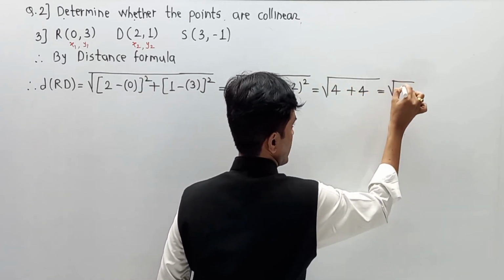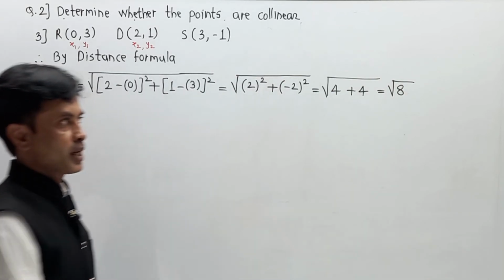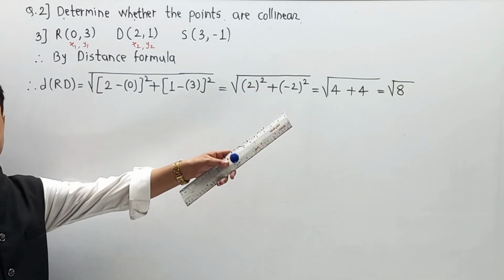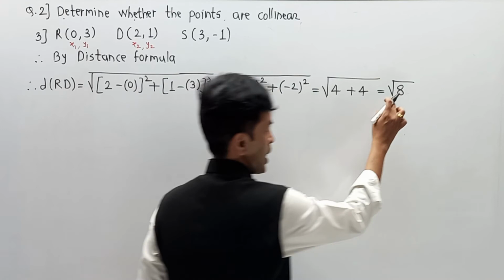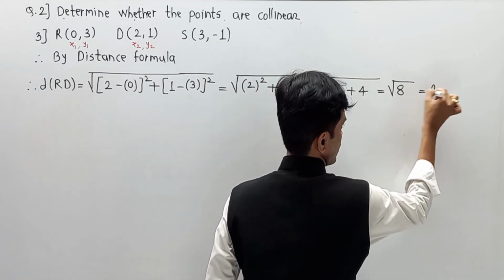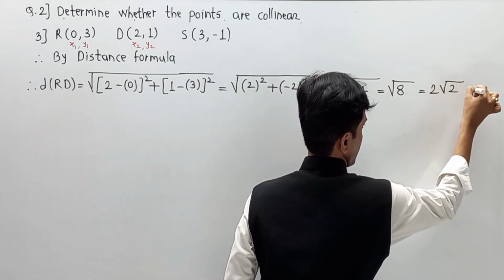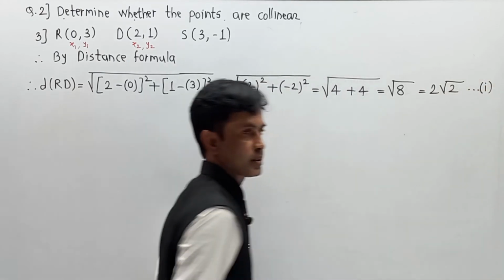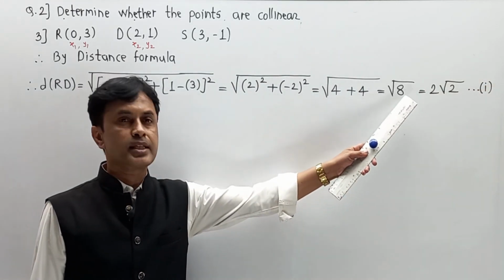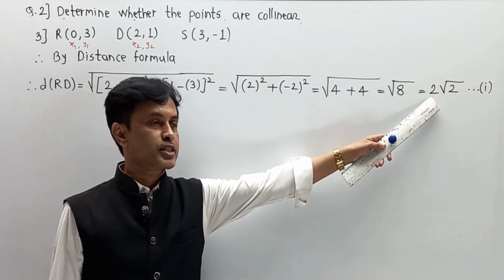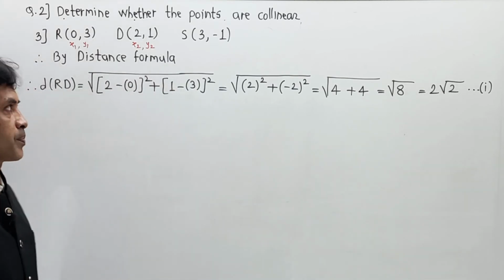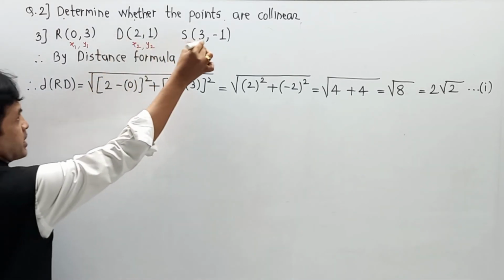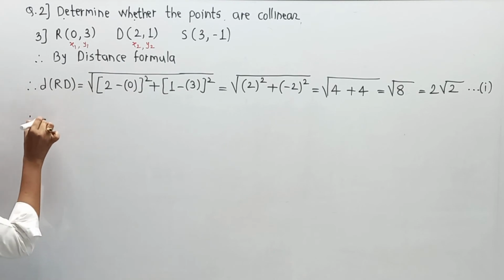That becomes root 8. Now, if you want to make more simplification, then you can also write root 8 as 2 root 2. I'm going to give it as equation number 1. Because root 8 is nothing but 4 into 2, and 4 comes outside as a 2 and root 2 remains as usual. Now the second distance, DS.